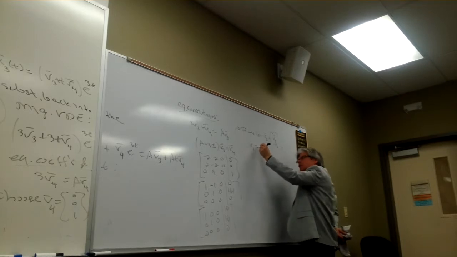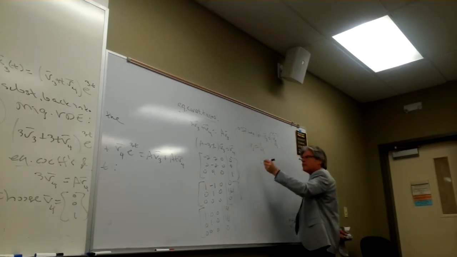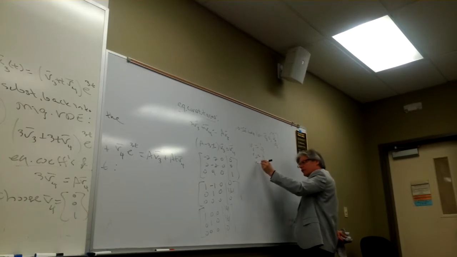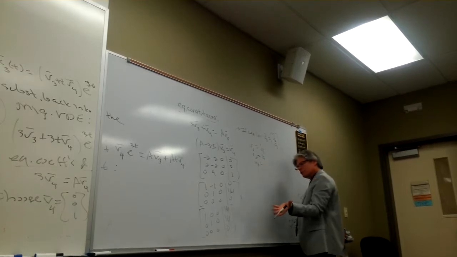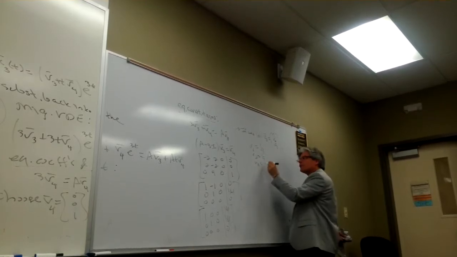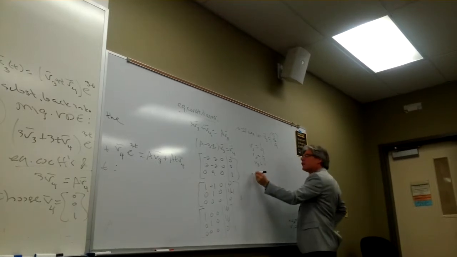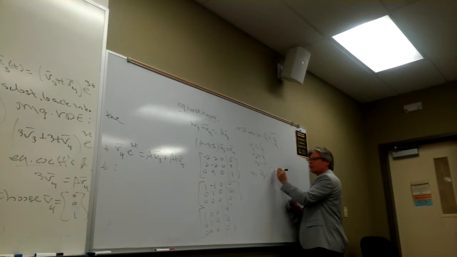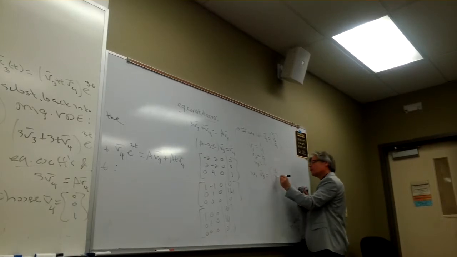That v1 is equal to 1 quarter, and v2 is equal to 1 quarter, and v3 is whatever. And so, I think my v3 bar is equal to 1 quarter, 1 quarter, 0.